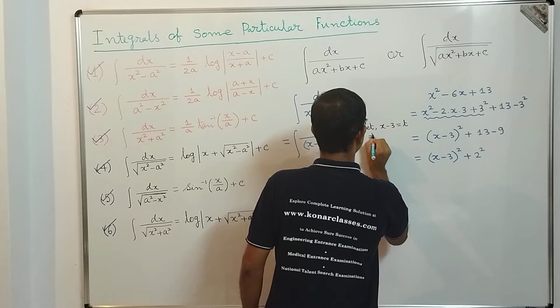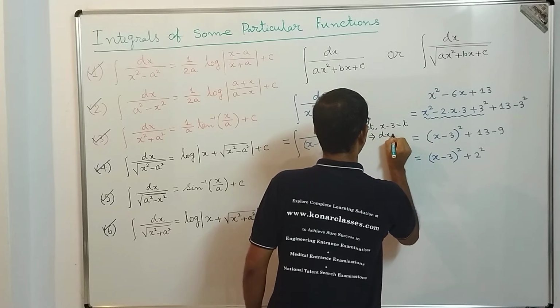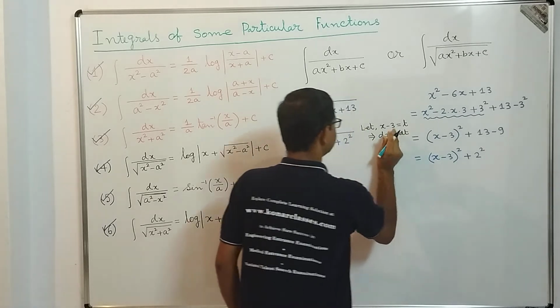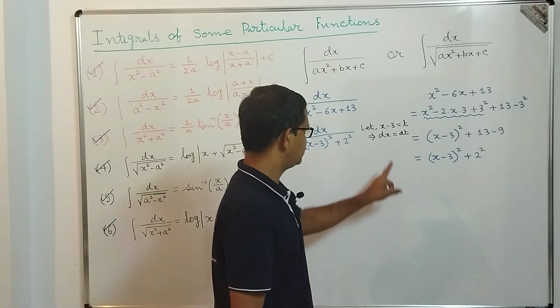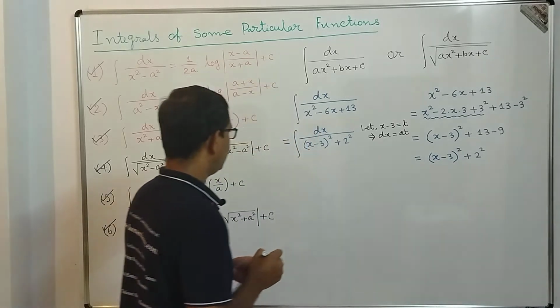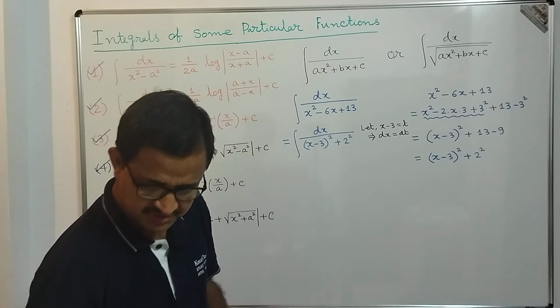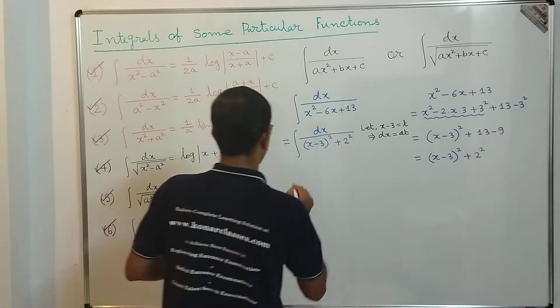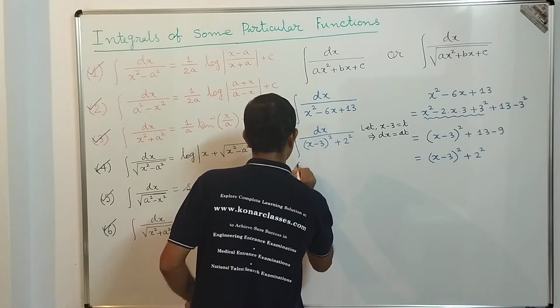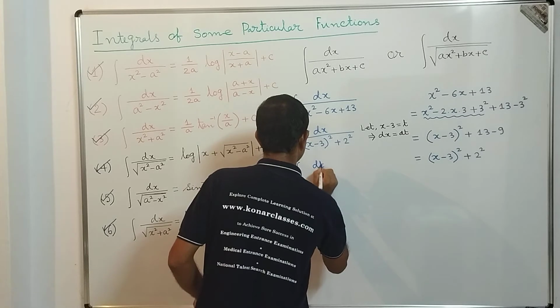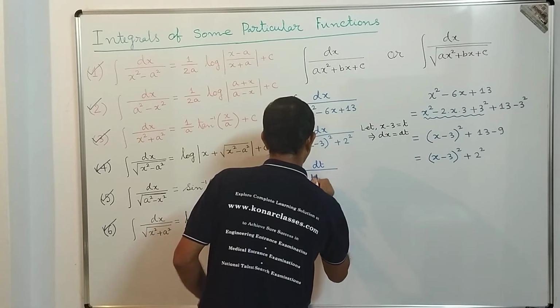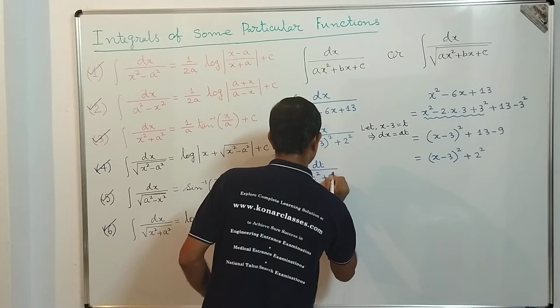This implies that dx is equal to dt because differentiation of 3 is 0. So dx equal to dt. Now what integration are we going to get here, dear students? Instead of dx we can write dt, so integration dt divided by t square plus 2 square.